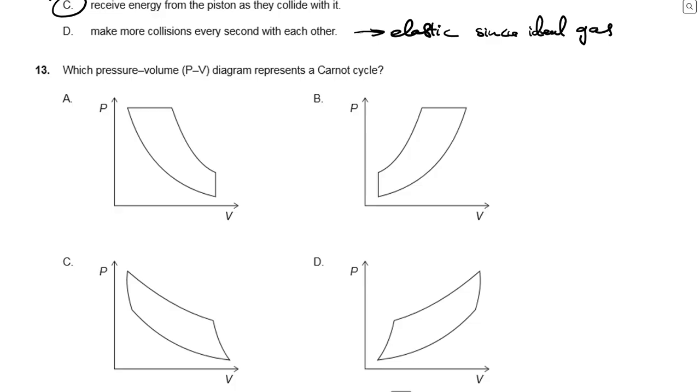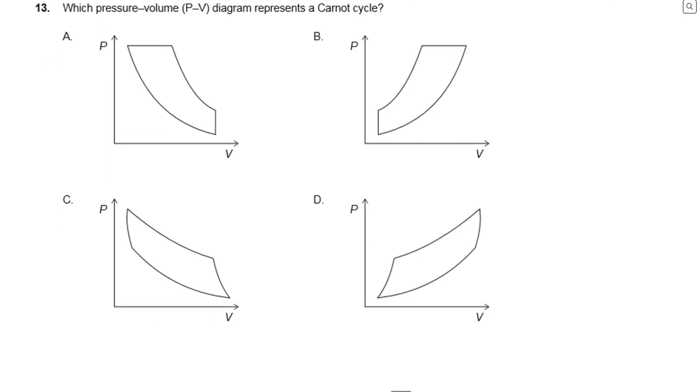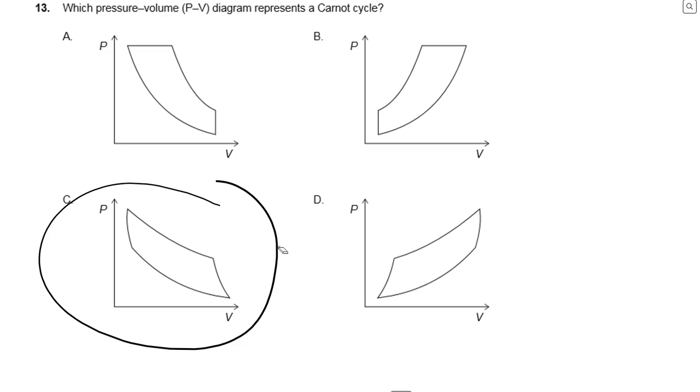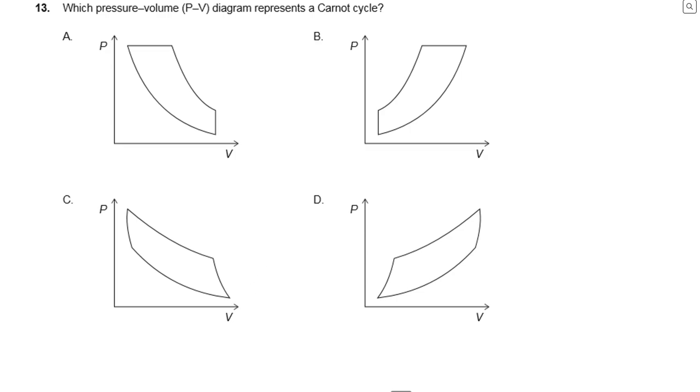On a PV diagram, which represents a Carnot cycle? We need to have an adiabatic. First of all, you should remember that it looks somewhat like this, so immediately I would go for C without thinking. But yeah, we would not have a Carnot cycle looking like this or this. This might be possible. What we want to see is exactly something like this.